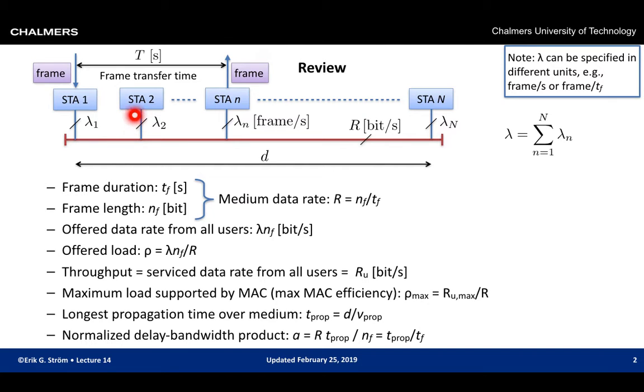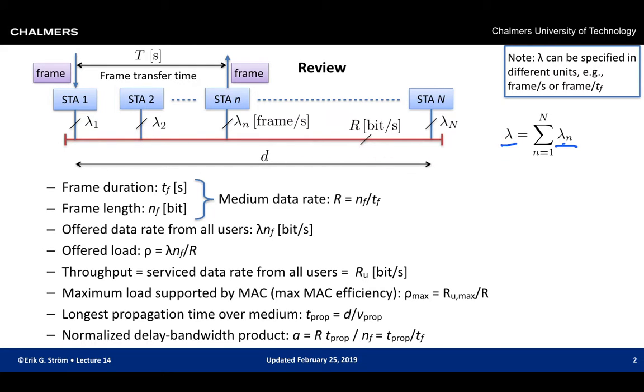At the same time, station 2 is generating lambda 2, and so forth. If one sums all these lambdas together, these are the individual station rates, frames per second or frames per some other time unit, and then the total offered traffic onto this shared medium is lambda.